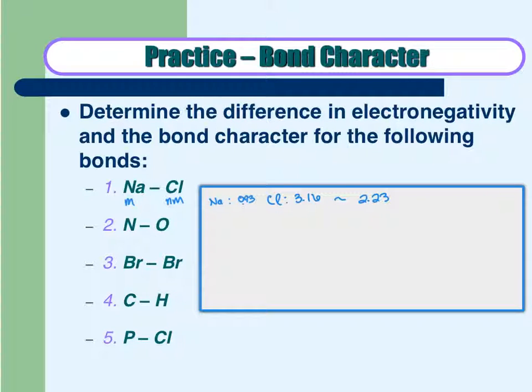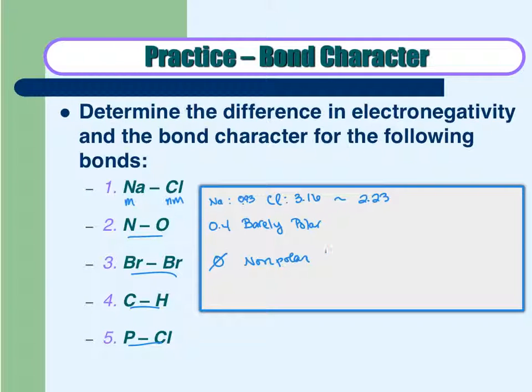So if I follow through on the rest of these, the difference between each of them for number 2 is 0.4. So that is going to be barely, but it still is a polar bond. Bromine and bromine, being the same element, will have the same electronegativity value to start, which means the difference between those has got to be 0, so this is just nonpolar.